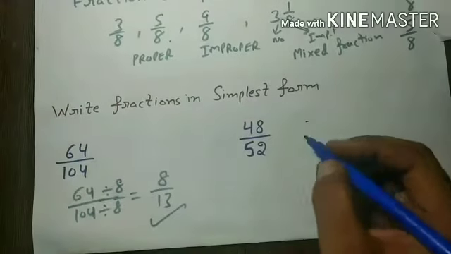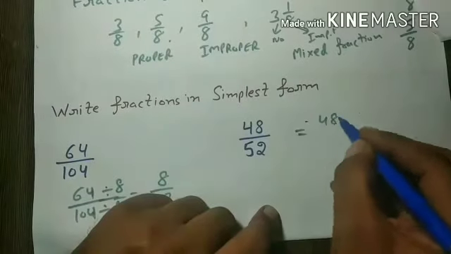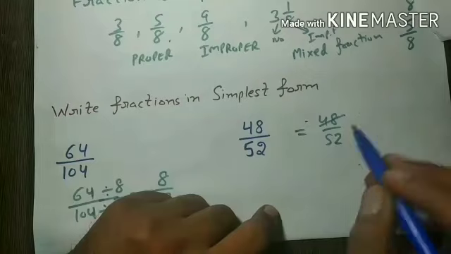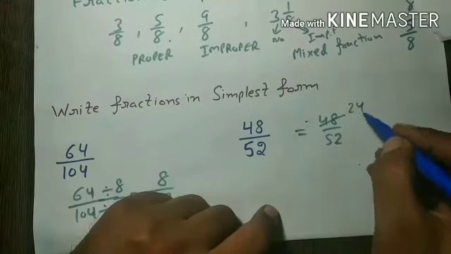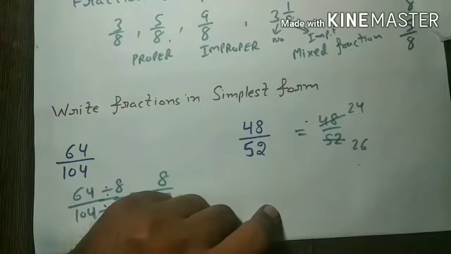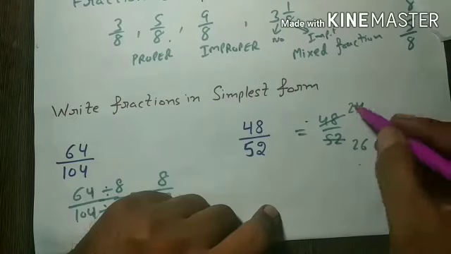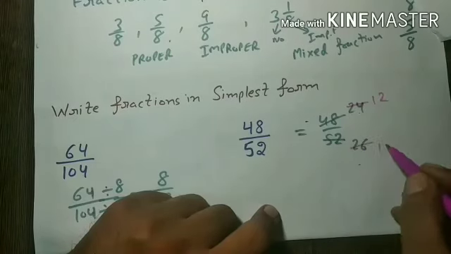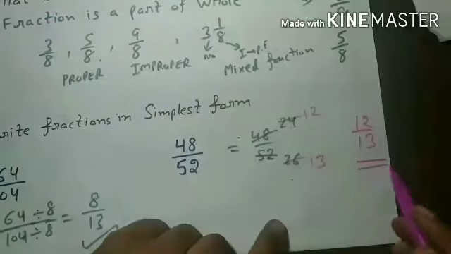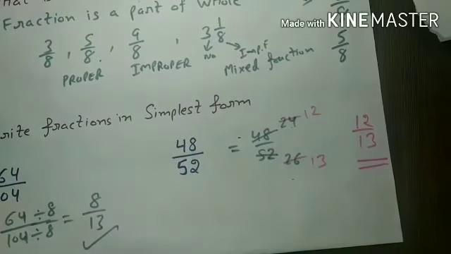So, if I write 48 over 52, again, it is divisible by 2, that is 24, and it is divisible by 2, 26. Again, this is divisible by 2, that is 12, and it is divisible by 2, that is 13. So the answer is 12 over 13. This is the required simplest form.